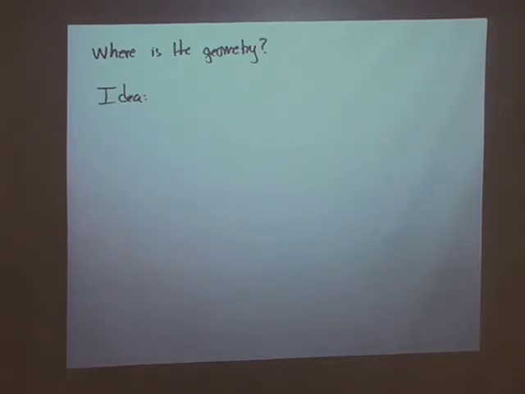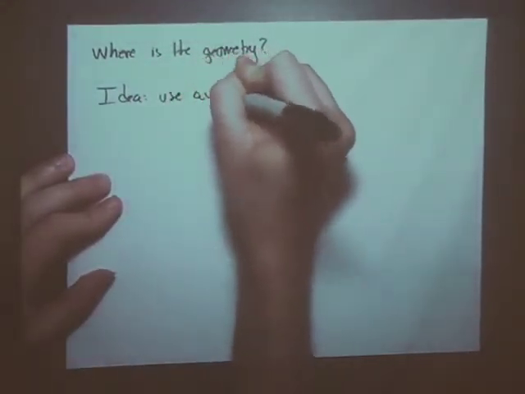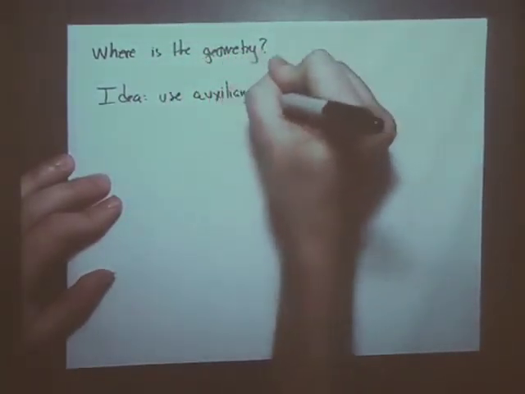When Brendan Hassett and I started working on these things, that was not available. And so we tried to come up with some idea to actually create the Y and some correspondence that would show a nice isomorphism of these lattices. So the idea is to use this auxiliary variety.